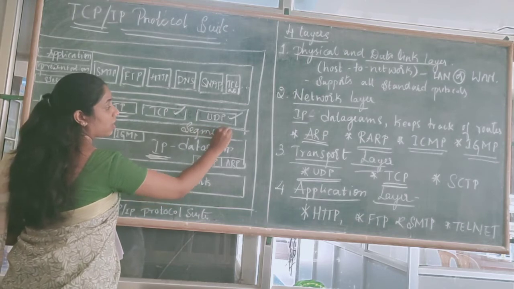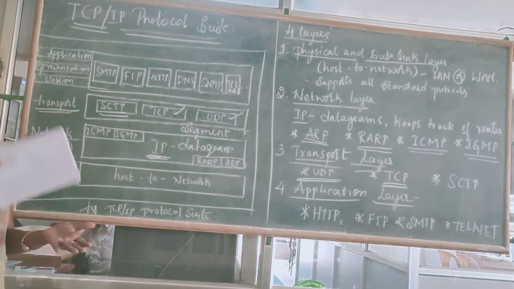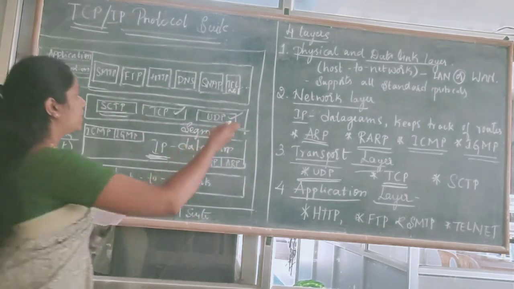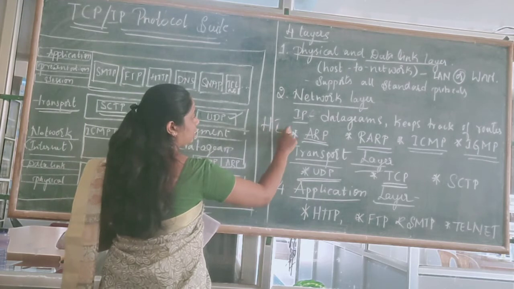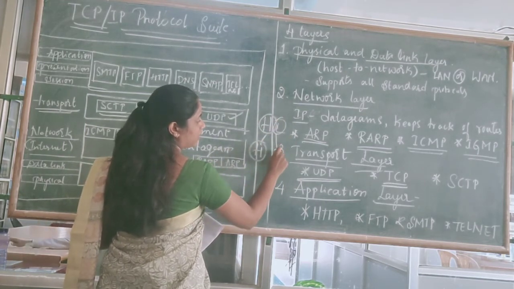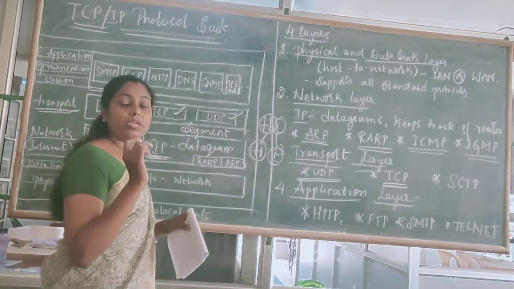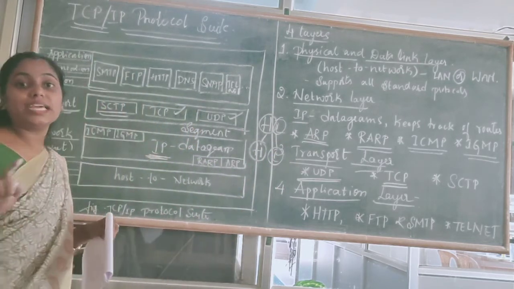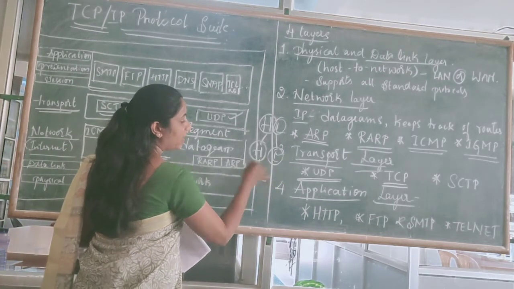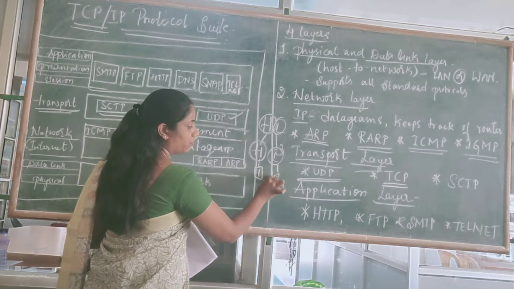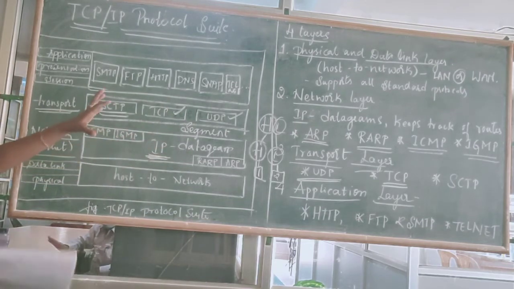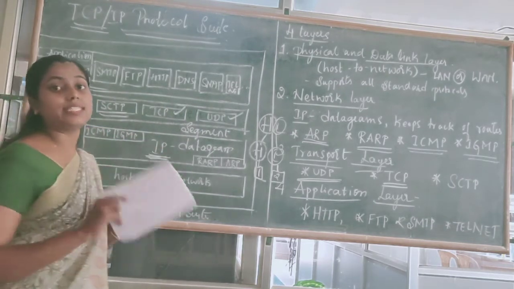For example, if there is "hi", the H will be one segment and the I will be one segment. Each segment will have a segment number. The segment number of H will be 1 and the segment number of I will be 2. The transport layer sends the information one segment at a time along with the segment number.